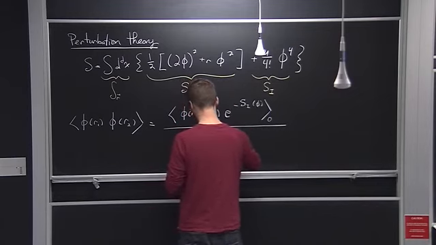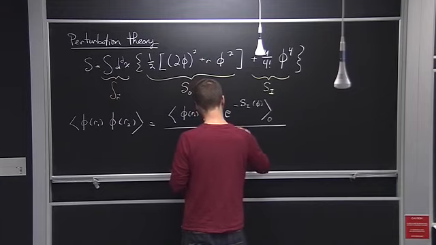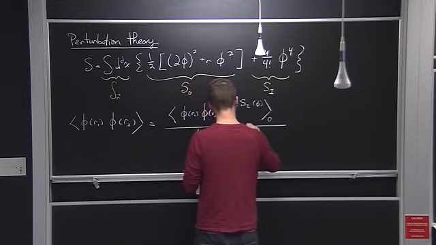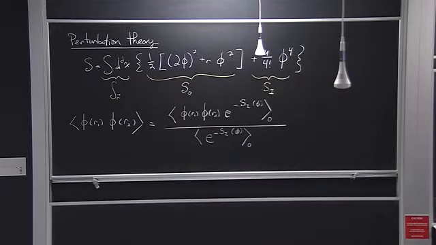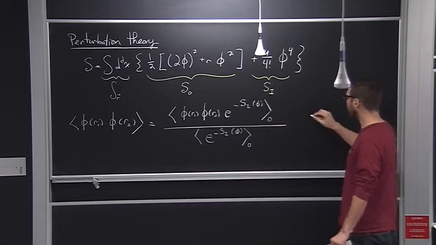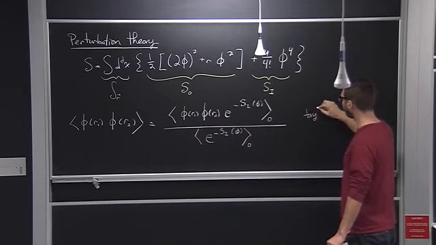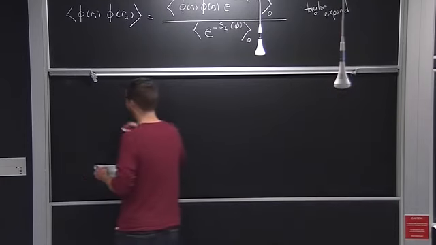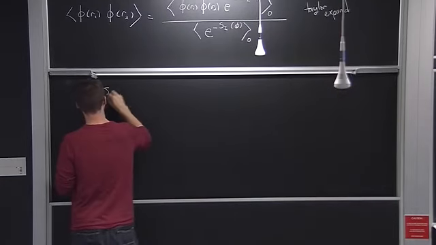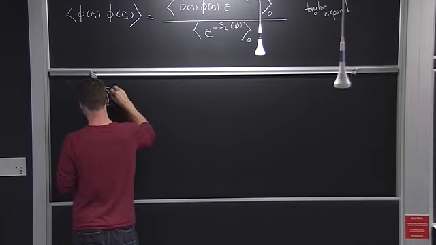And in the denominator, I just don't have the fields. Okay, and that's the thing that we've Taylor expanded, numerator and denominator. And so once it's expanded, you have different orders.